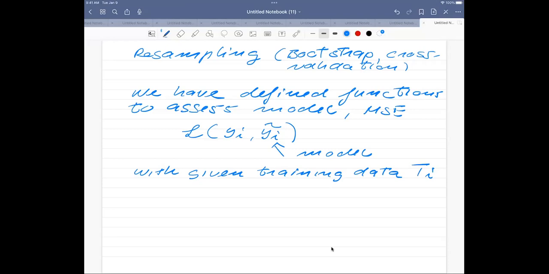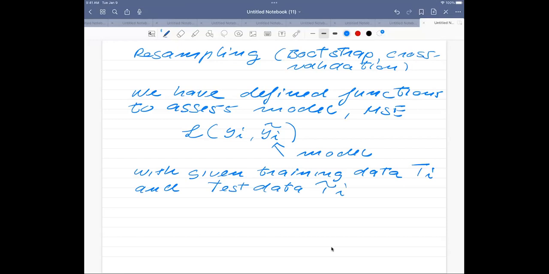So I is not an individual data point, but this y tilde I is just a model. It could be a polynomial to a given order, okay? And this is trained with the training data, and then we apply this to the test data. This is the approach which we have been doing till now.